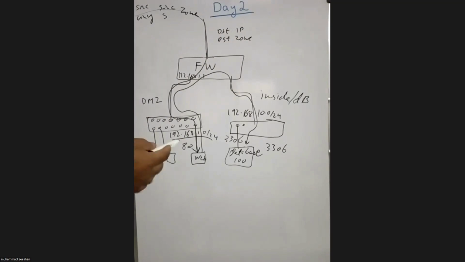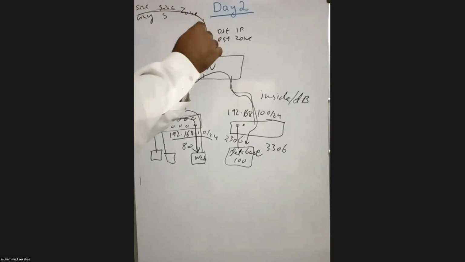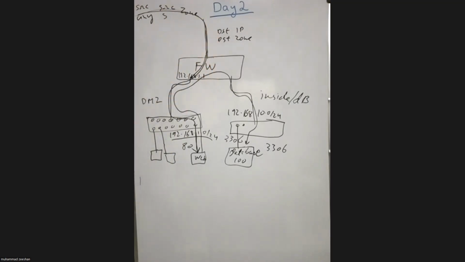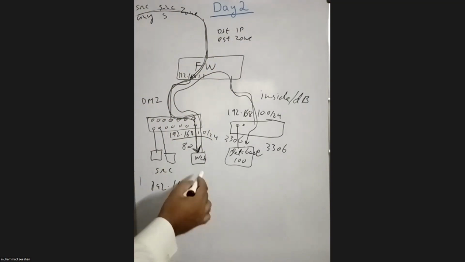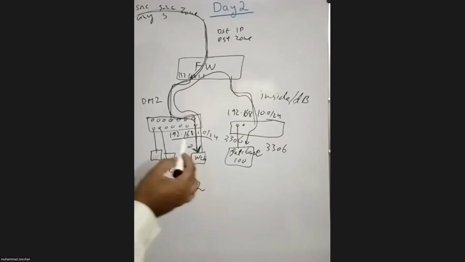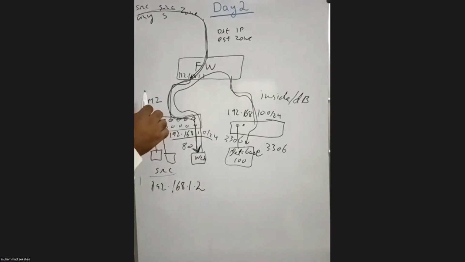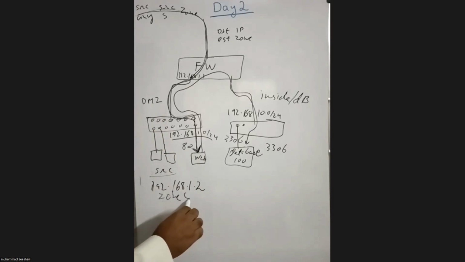Let's say our web service is running on port 80, so anyone from the world coming on port 80 is allowed to go to the web server, but only if the source is 192.168.1. Let's say my web server is running on IP address 2, and the zone is DMZ.